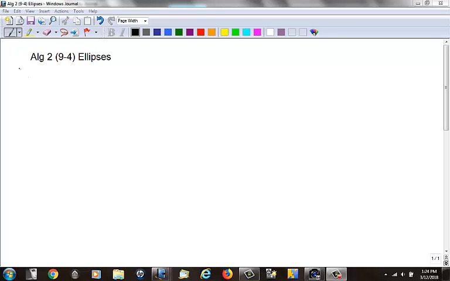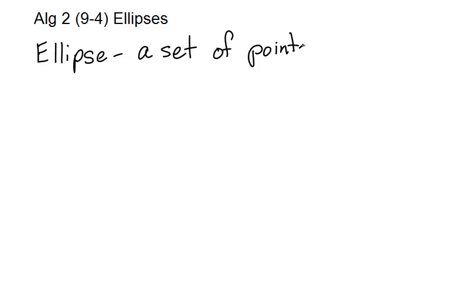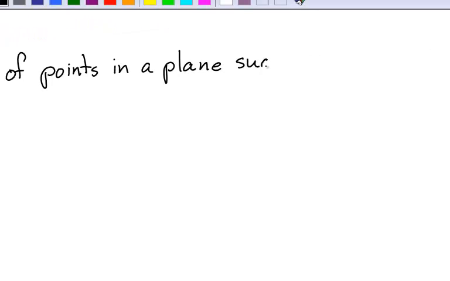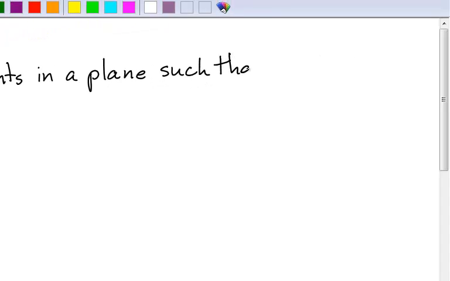Okay, definition-wise, an ellipse is a set of points in a plane such that, and for those of you that go on in math down the road, "such that" is going to be a backwards epsilon.